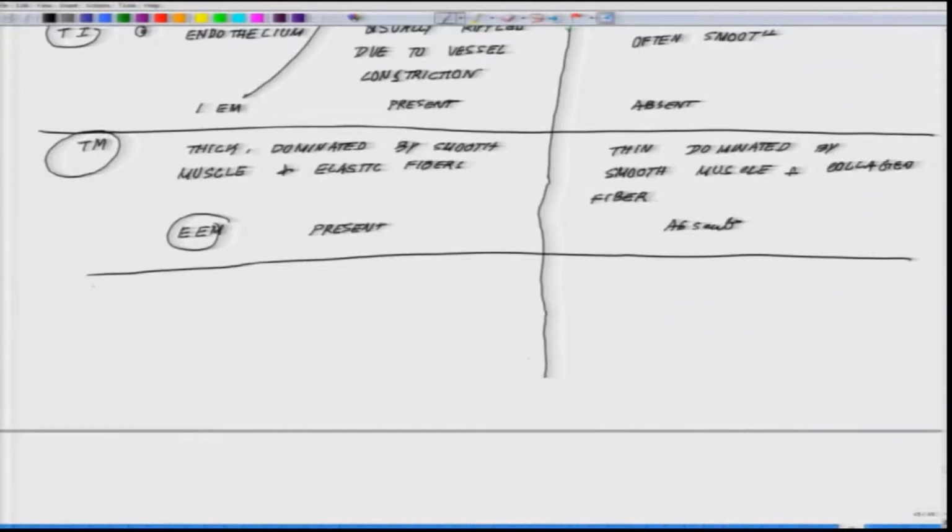Then comes your tunica externa, which is the outermost layer. In the tunica externa, it is made up of collagen and elastic fibers.